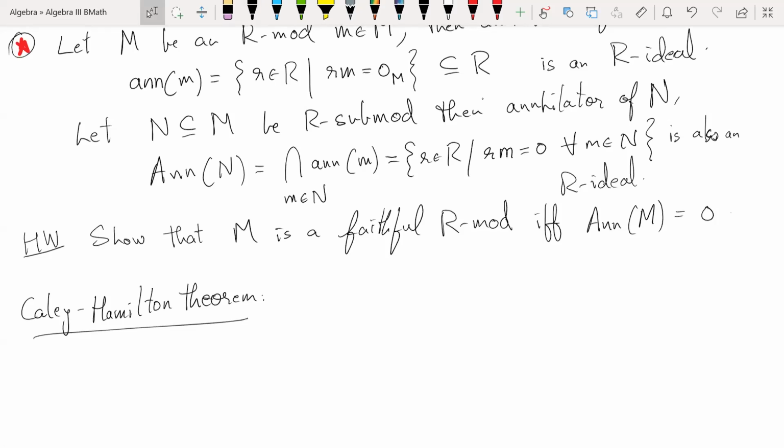Okay. So now we will do something which is a slight generalization of this. Yeah. So since we are learning R modules, we should work with modules instead of vector spaces. So let R be a ring.